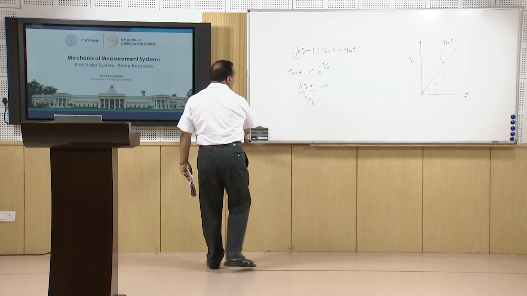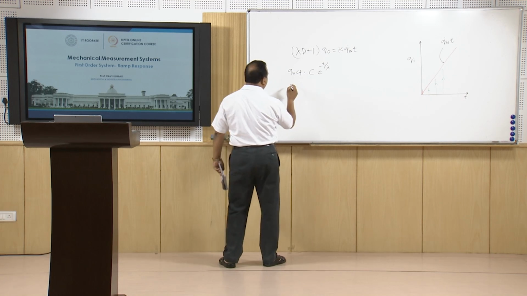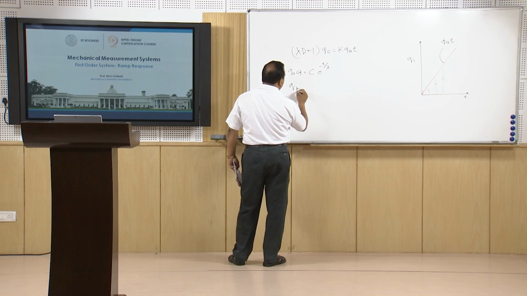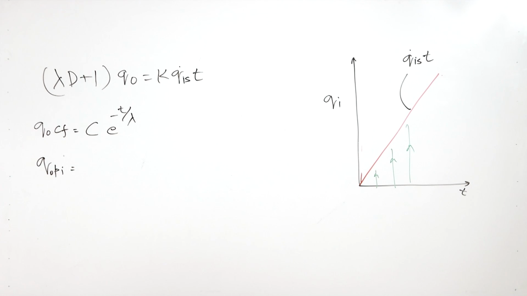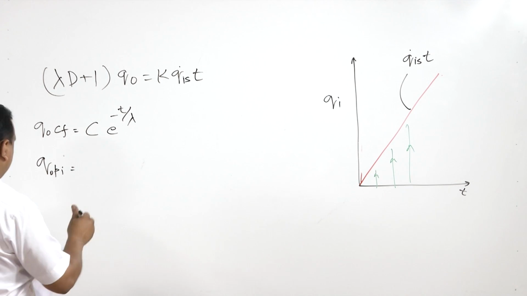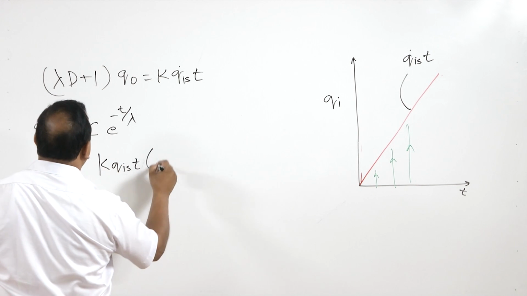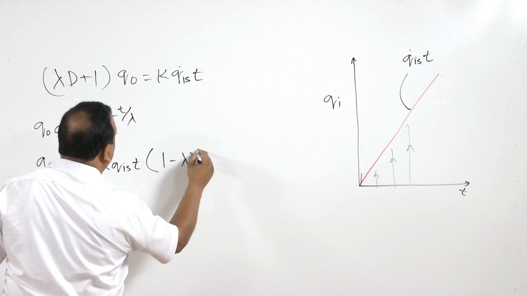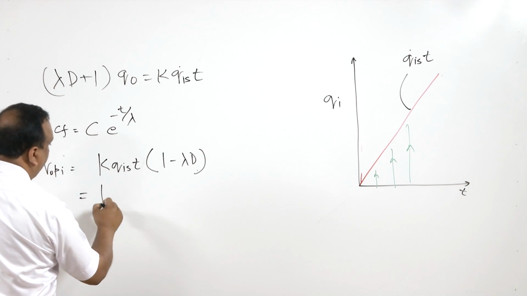Now regarding the particular integral, the particular integral is going to be k Qis t over (1 minus lambda D). Now we can further manipulate this equation.